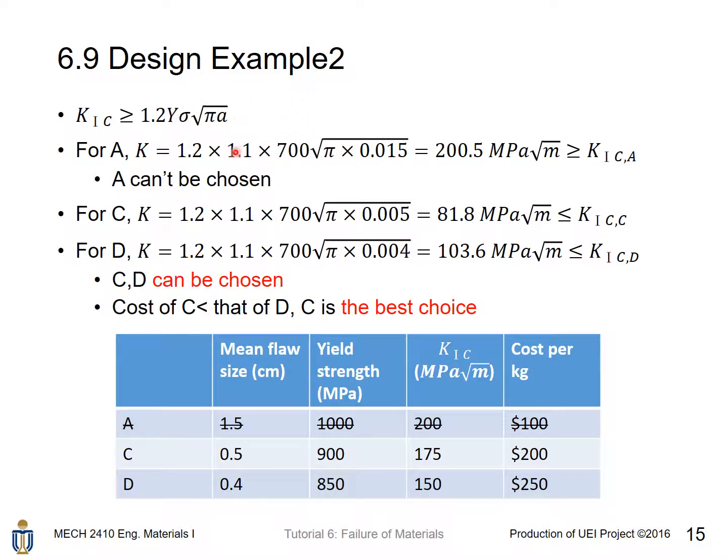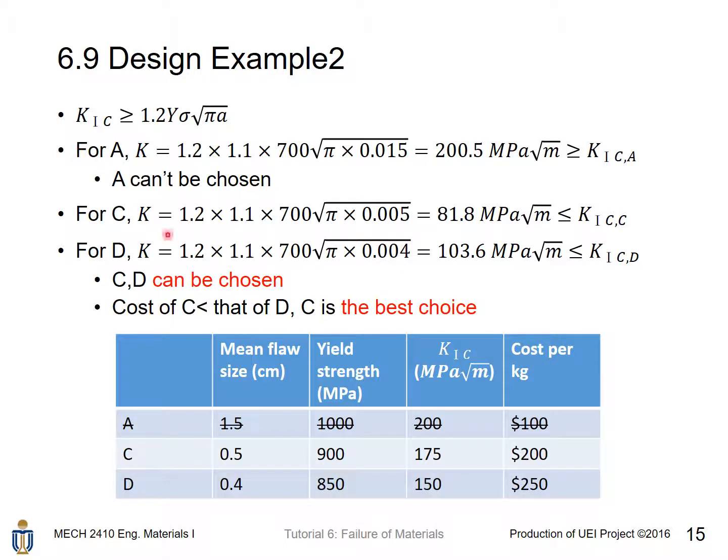The mean flaw size for A is 1.5 cm, and we need to convert it into meters, which is 0.015 meter, and we get a value equal to 200.5, which exceeds the critical value, the fracture toughness for A. Therefore, A cannot be chosen.